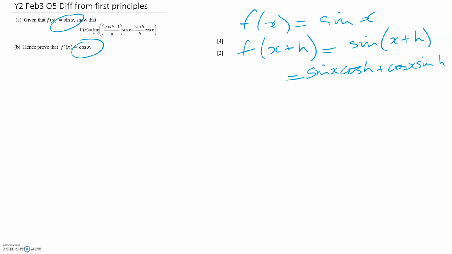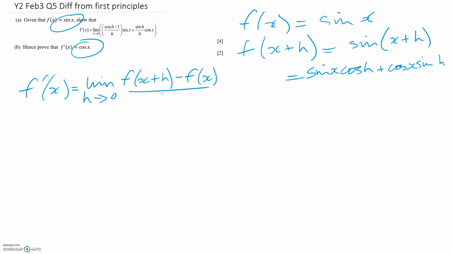Now I've done that, I would look in the formula book, because the formula for first principles is in the formula book, and it is f dash x equals the limit as h goes to 0 of f(x plus h) minus f(x), all over h.